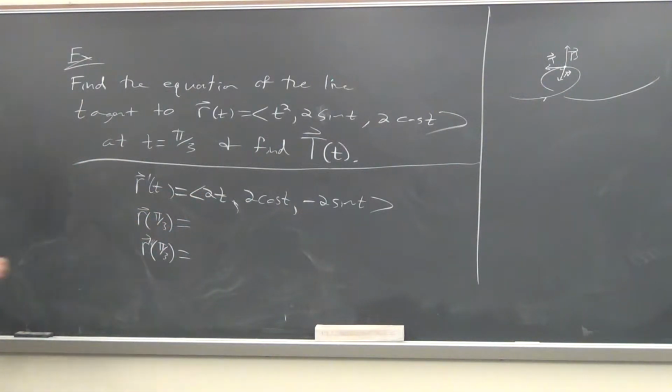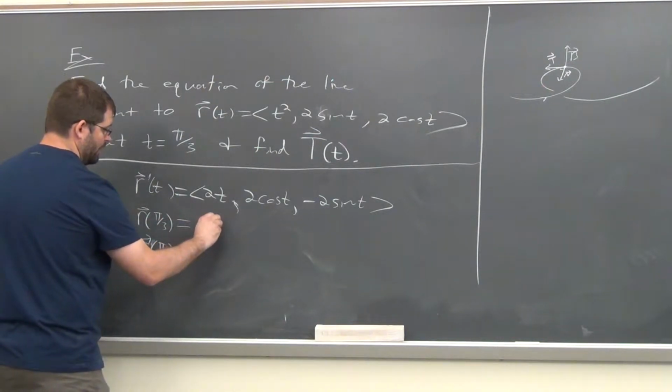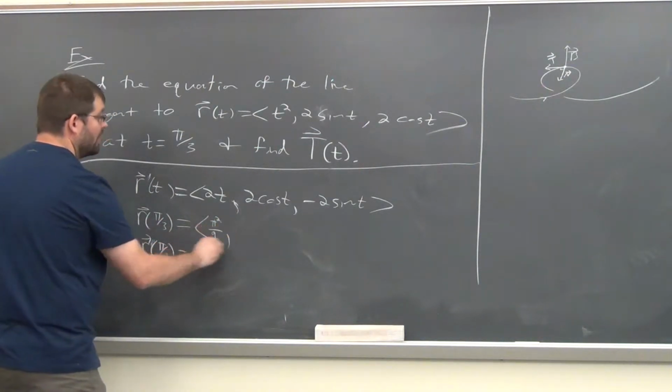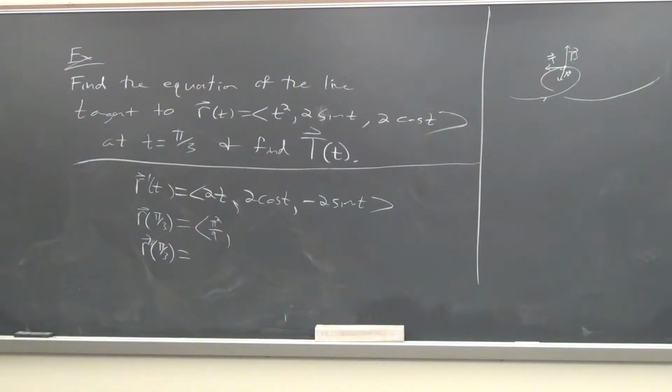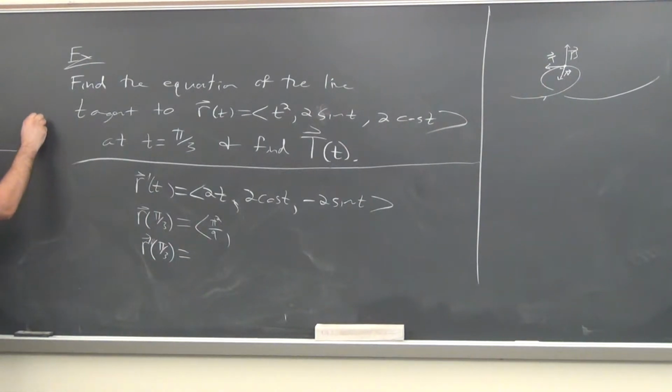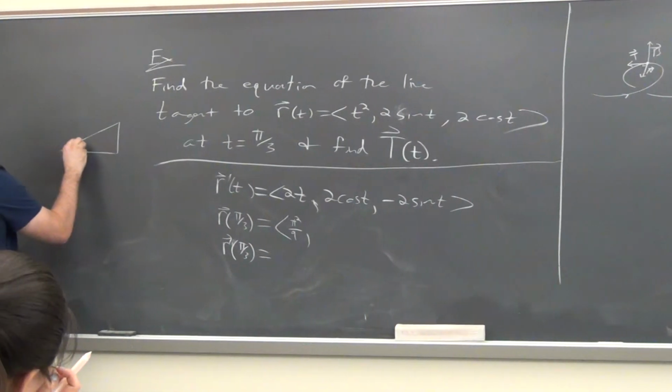So pi over 3 squared, right? Pi squared over 9. What's sine of pi over 3? Root 3 over 2. Here's pi over 6.